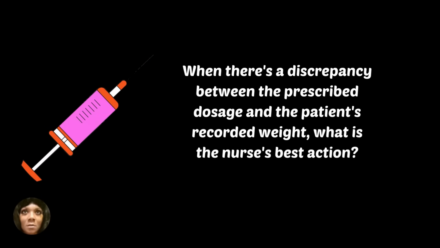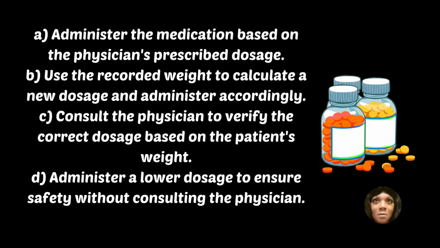When there is a discrepancy between the prescribed dosage and the patient's recorded weight, what is the nurse's best action? Is it A, administer the medication based on the physician prescribed dosage? B, use the recorded weight to calculate a new dosage and administer accordingly?